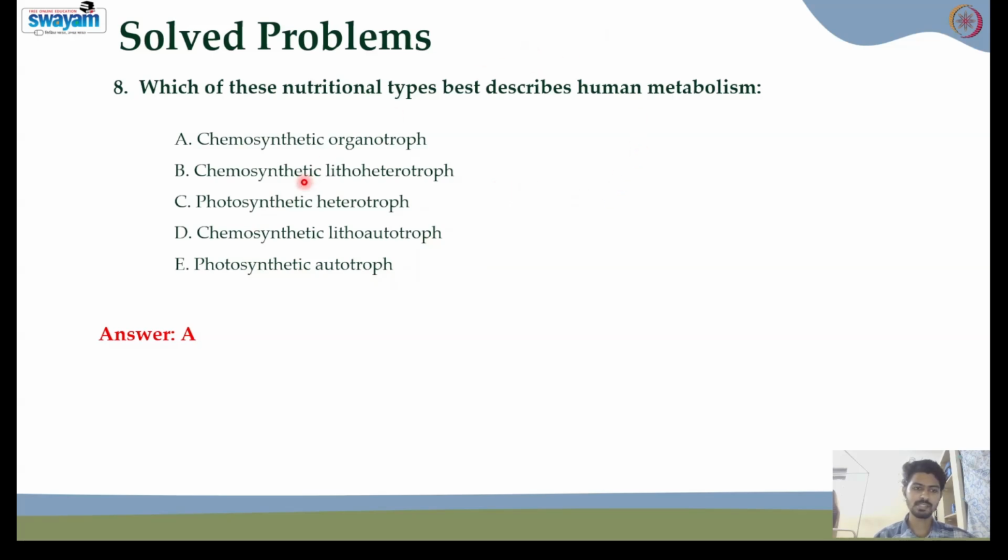Option D, chemosynthetic lithoautotrophs. Here it uses an inorganic compound as an energy source in order to produce organic compounds. Humans are heterotrophs, not lithoautotrophs. So option D is also false. So the correct option is option A, chemosynthetic organotroph.